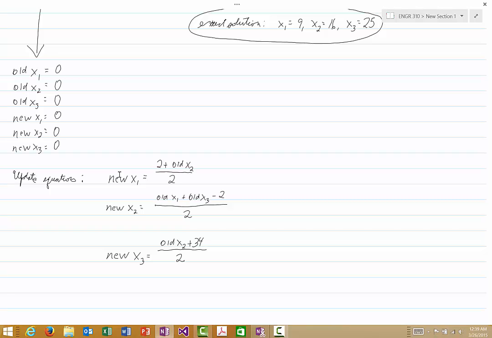And we keep doing that until hopefully we finally get to a situation where the new x's and the old x's, where there's not much change anymore, and that situation is referred to as convergence. And then we presumably have this solution to this system of equations.